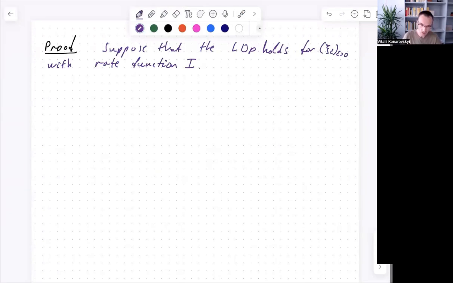For this, we need to show the upper bound and lower bound. We start with the upper bound. For that, we fix an arbitrary closed set.